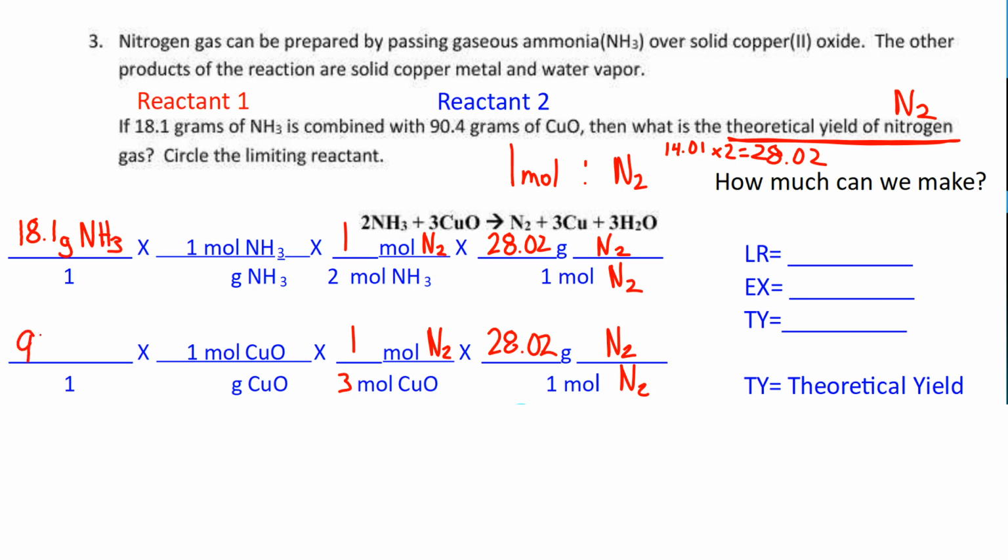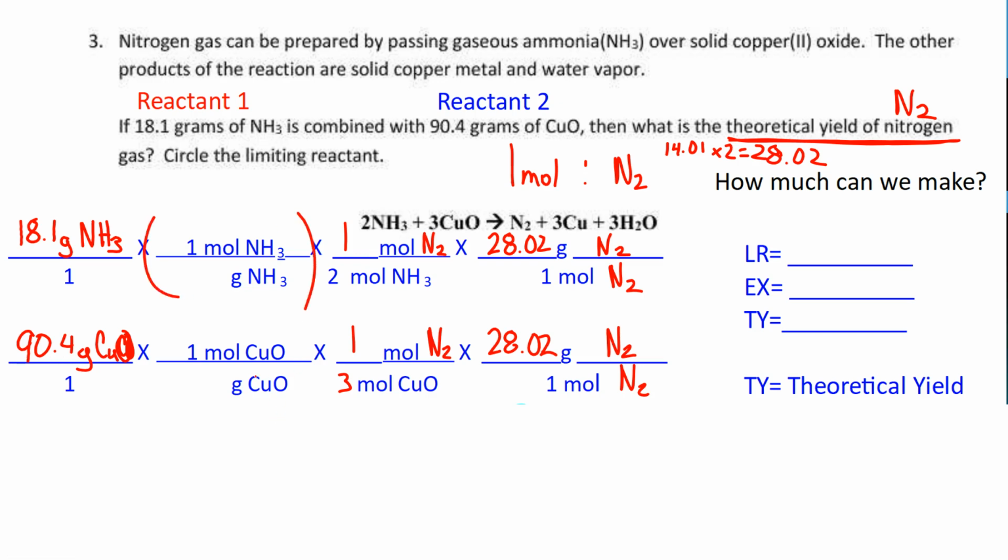I had 90.4 grams of CuO, sorry. Now, hopefully I'm not throwing you off by putting them over 1. Anything over 1 is that number. So this part really doesn't matter. I was just doing it so it's fractions all the way across, just so we can get used to seeing that.